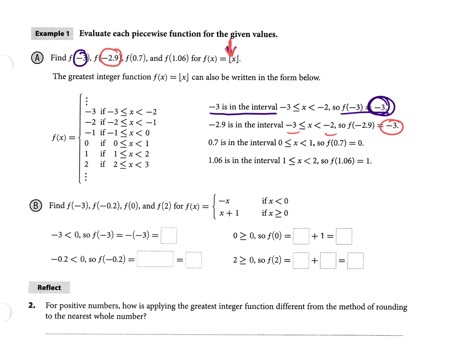Then if we look at 0.7, 0.7 gets plugged in, and it is between 0 and 1, so the closest integer below would be 0. And then we have 1.06 plugged in, and it is between 1 and 2. The closest integer below 1.06 is 1.